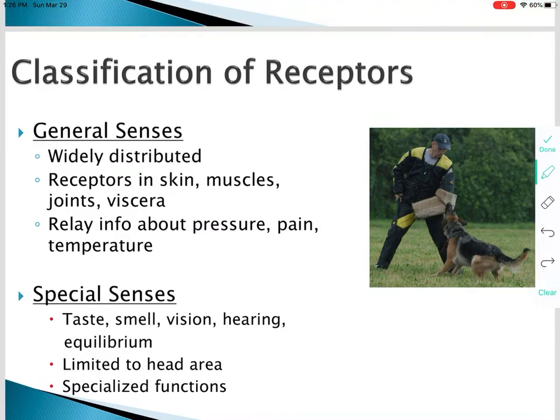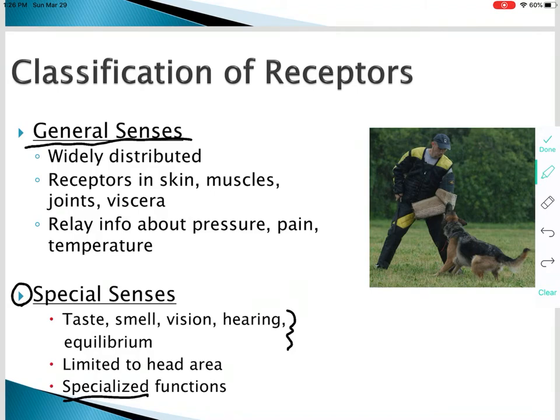This lab is focusing on special senses, but it's worthwhile to make a point that, you know what our special senses are, right? They're limited mostly to our head and they have very specialized functions. We also have generalized senses, and these are in use all the time, all throughout the body.